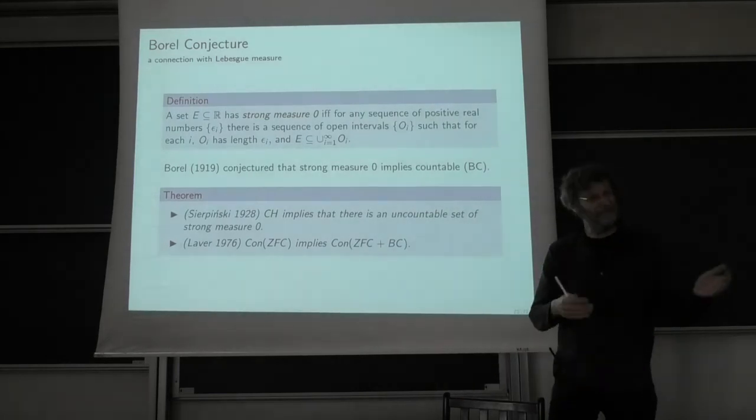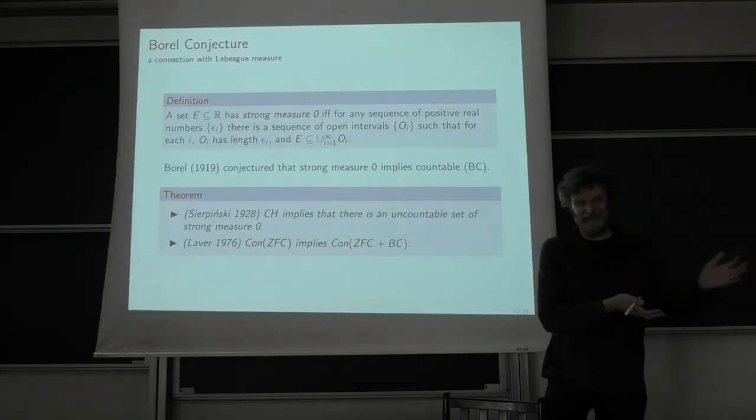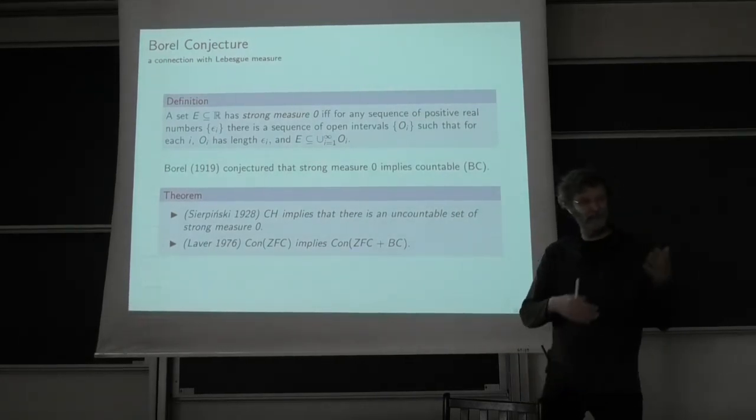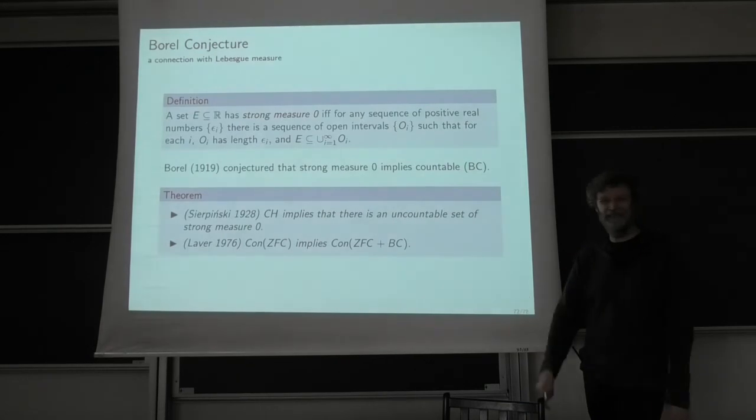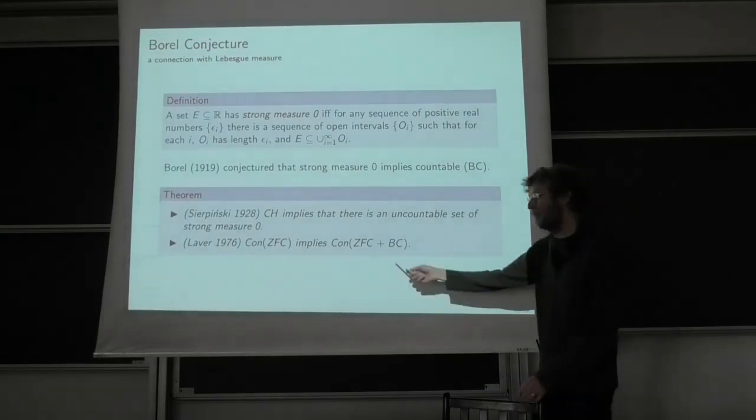If there are models of the axioms of set theory which don't satisfy that property, trying to prove it just using the axioms is not going to work out for you. So that's what happened here.